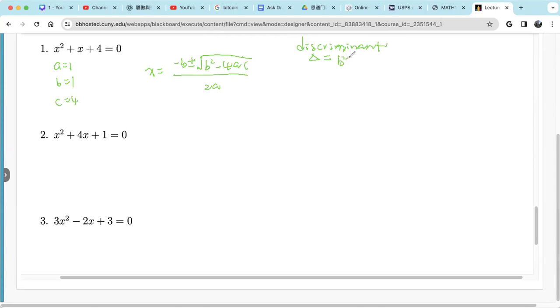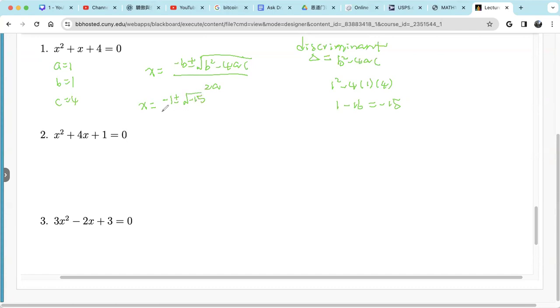Let's calculate b squared minus 4ac first. So b is 1, so we get 1 squared minus 4 times a is 1, c is 4. So we get 1 minus 16, which is negative 15, right? So when we take the square root, we'll get an imaginary number. So x equals negative b, which is negative 1, plus or minus the square root of negative 15.